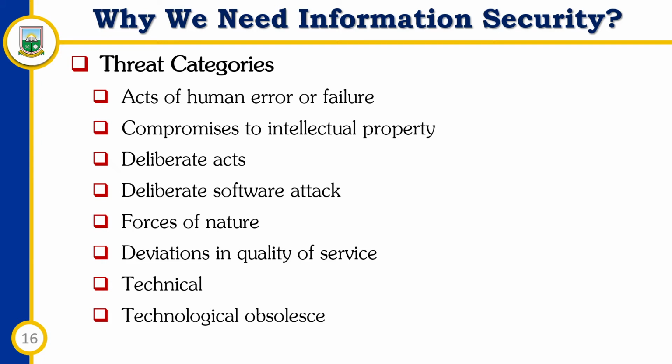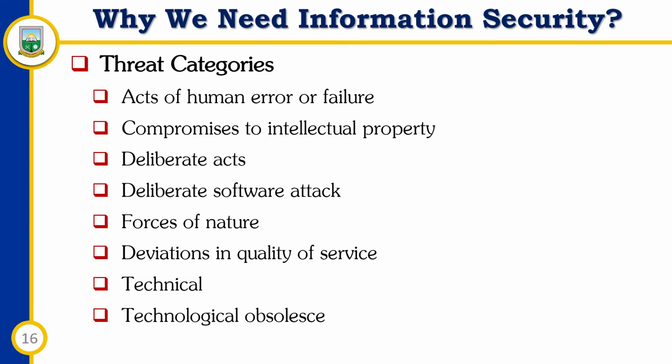Compromises to intellectual property, deliberate acts of espionage or trespass. When we talk about deliberate acts, an example is espionage or trespass, having spies to steal information, extortion, deliberate acts of sabotage or vandalism, and of course, deliberate acts of theft.